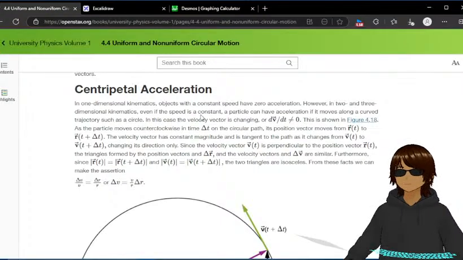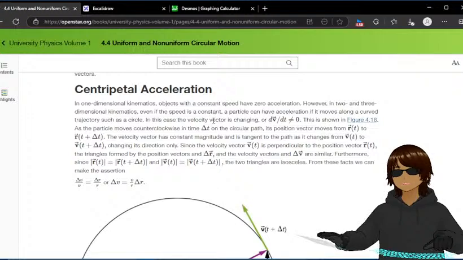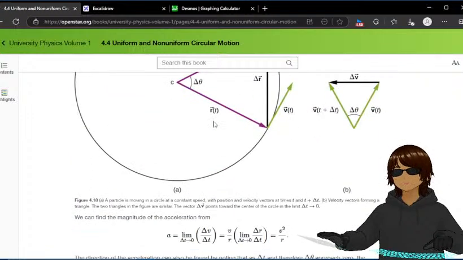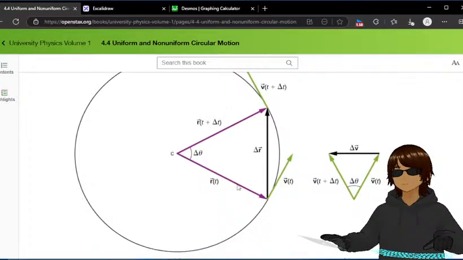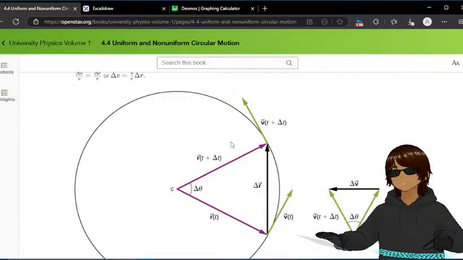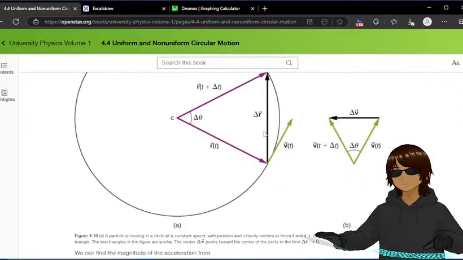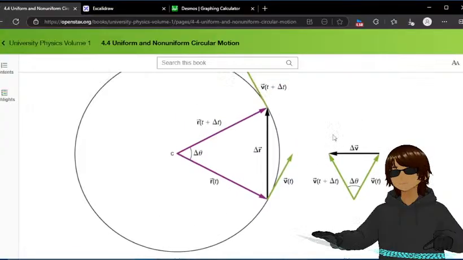So dv over dt. This is shown in figure 4.18. So we have a velocity over here. The instantaneous change in r gives the velocity, and the instantaneous change in r plus delta t would give this velocity. This is the change in velocity.